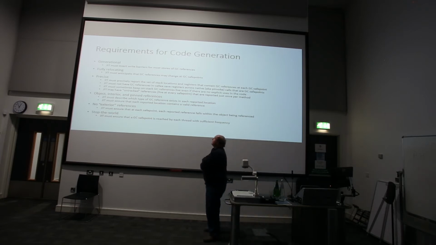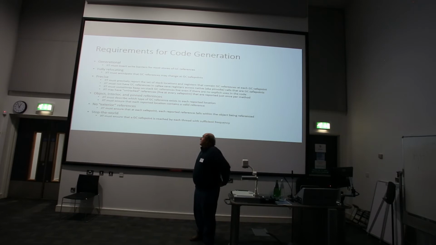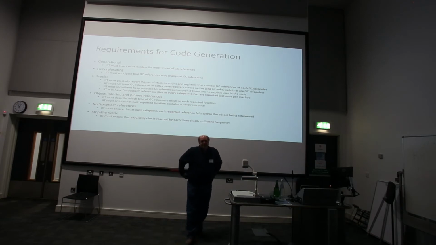Since it's generational, we have to use write barriers to let the GC know we're going to do a cross-generational store. Because it's relocating, we have to imagine that when GC changes, every single GC reference changes value. Right? Because it's precise, we have to get the set of GC locations in the stack and registers exactly right.